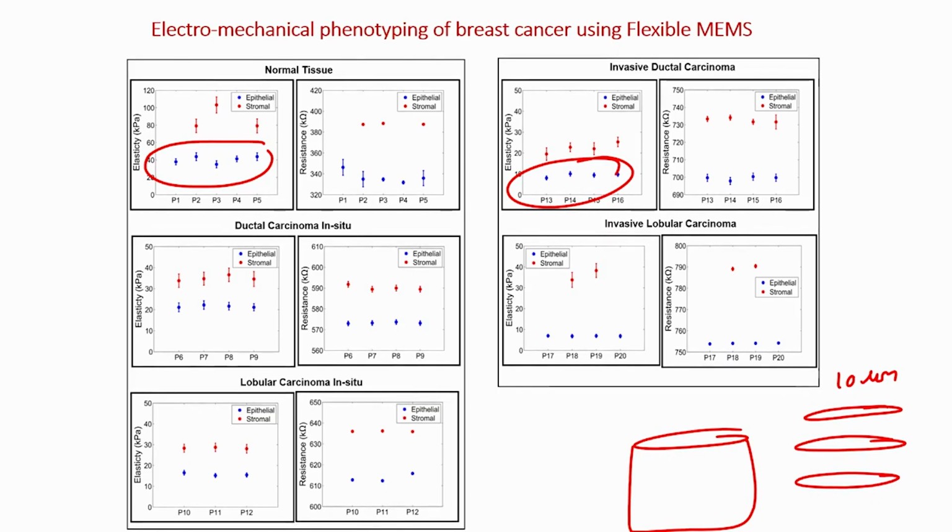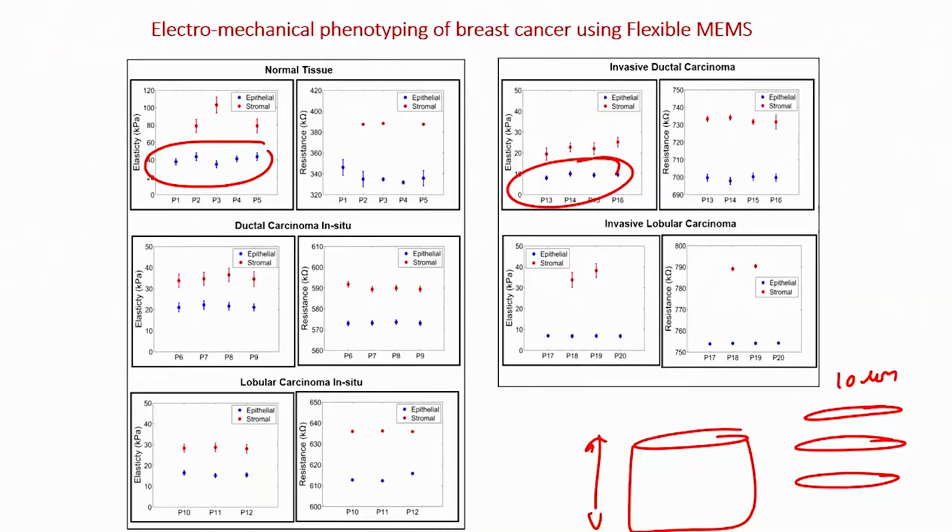So, what we think is when you decrease the size, the elasticity does not follow the same thing, is not similar to when you have a whole tissue, because when it is a bigger, larger tissue, then we can see that the elasticity of the cancerous region is more stiffer compared to normal.